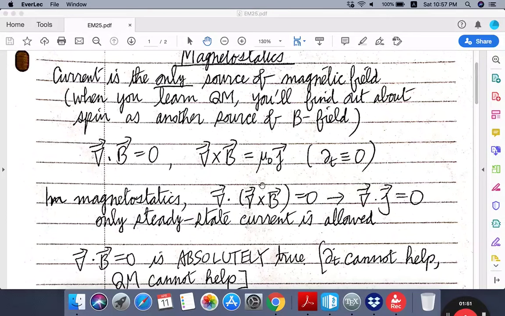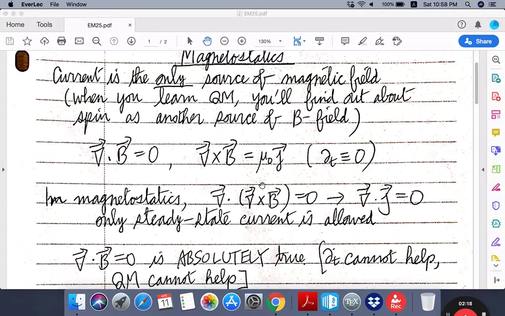Now, when you learn quantum mechanics, or if you have already learned quantum mechanics, you will find out, or already have found out, that there's this new thing called the electron spin, or the proton spin, or the spin of any elementary particle, which also acts as the source of magnetic field.